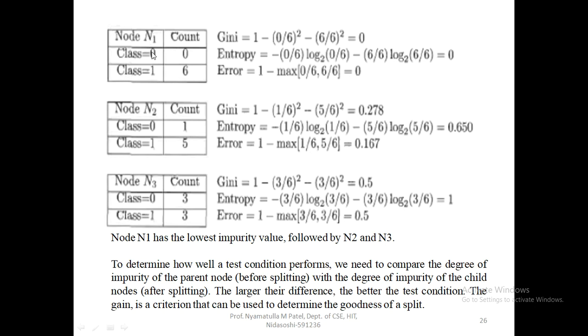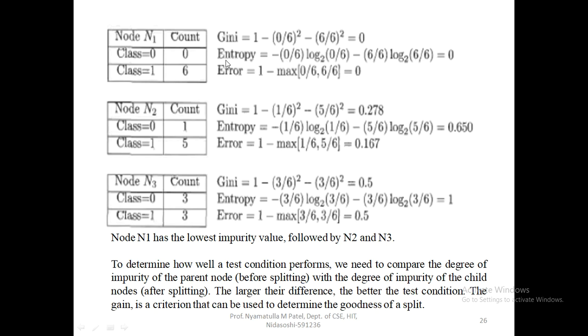Node N1 has two classes, class 0 and class 1. In class 0 we do not have any data, and there are 6 data that belong to class 1. So, Gini is equal to 1 minus (0 by 6) squared minus (6 by 6) squared, that is equal to 0.